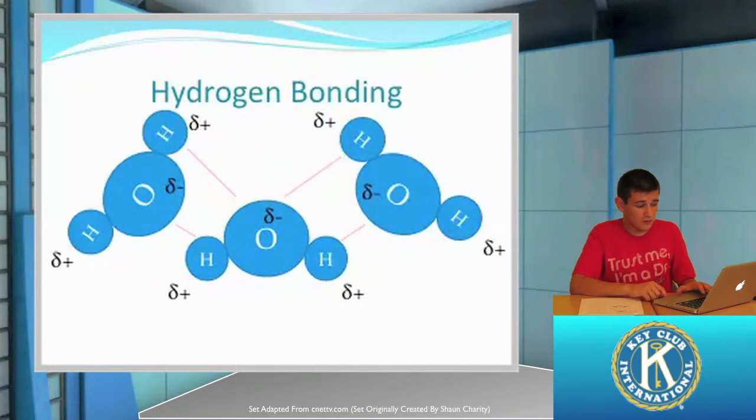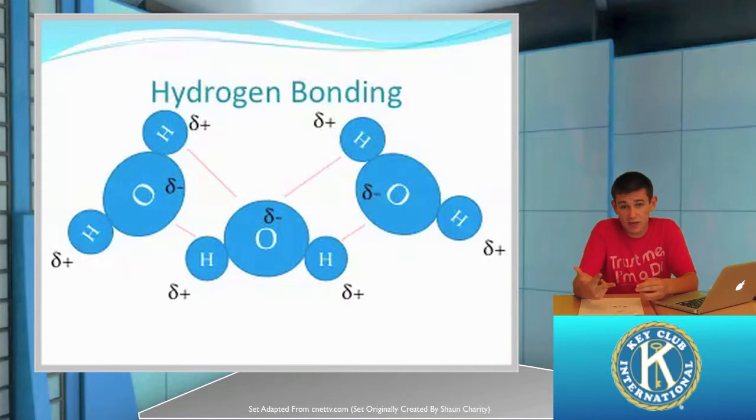The final type of intermolecular force we're going to discuss are hydrogen bonds. Hydrogen bonds are a type of dipole-dipole bond. Basically, it occurs when you have extremely electronegative atoms bonded to hydrogen. So for example, the most common ones that we'll see are fluorine, oxygen, and nitrogen.